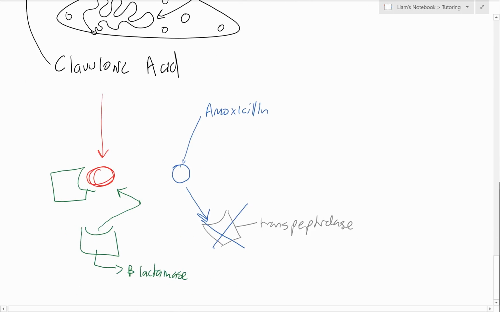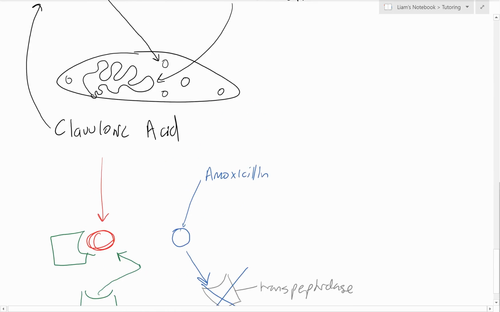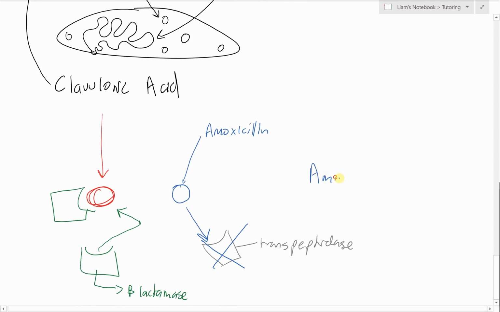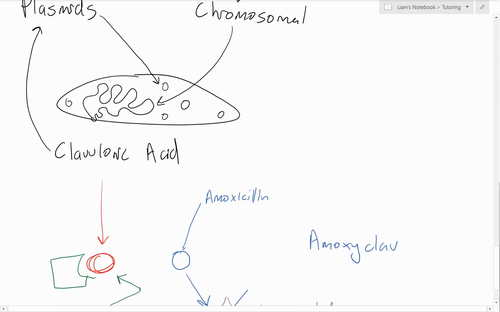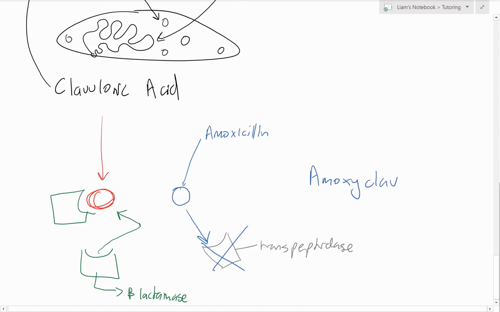The chromosomally encoded beta-lactamase does not bind clavulanic acid. It's not inhibited. So you can't give someone with a Pseudomonas aeruginosa infection amoxiclav, because it's not going to do anything. Basically the chromosomally encoded beta-lactamase is going to continue to destroy the amoxicillin, so there's no point giving it.